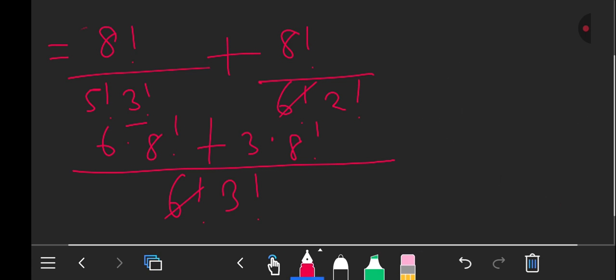So at this point, we can now factorize 8 factorial on the numerator. Then in the brackets, we are going to remain with 6 plus 3. Then on the denominator, it is the same thing, 6 factorial, 3 factorial.